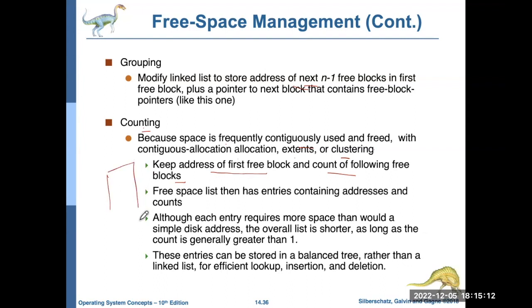Let us suppose there is a block which got freed. Rather than counting only this, we also count how many blocks are free after this. That is called counting. So keep the address of the first free block plus the number of other free blocks, let us suppose 3, 4, or 10. That is another way of managing the free space.